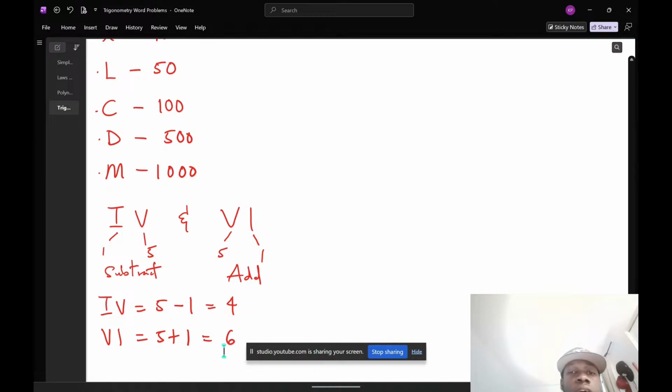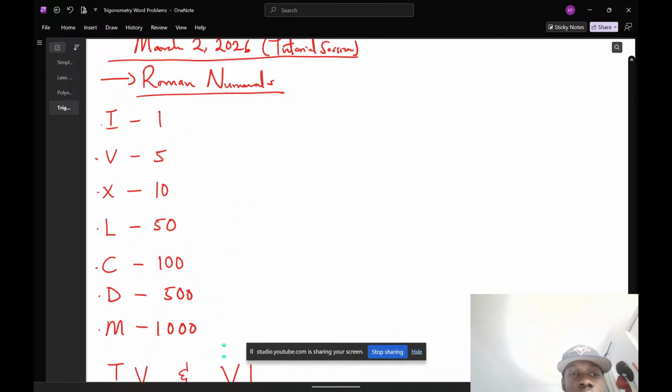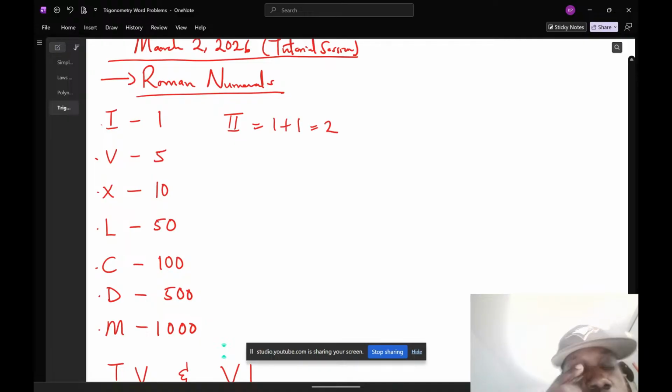Now I'm going to write the Roman numerals from 1 to 10. Let me scroll up a little bit. We know that I is 1. II is 1 plus 1, which is 2.